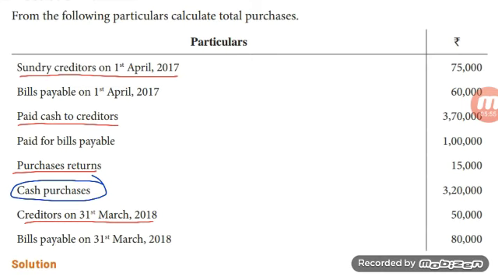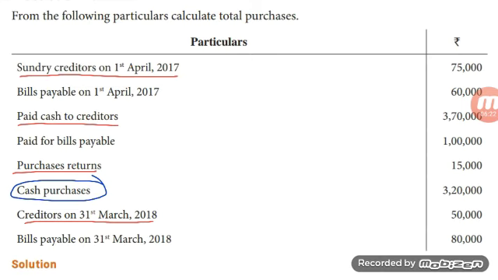Before entering the closing balance, you should enter the balancing figure of bills payable account. That means amount of bills accepted during the year. Bills payable accepted during the year. The amount is 1,20,000. Then enter the closing balance as to balance carried down amount 50,000.